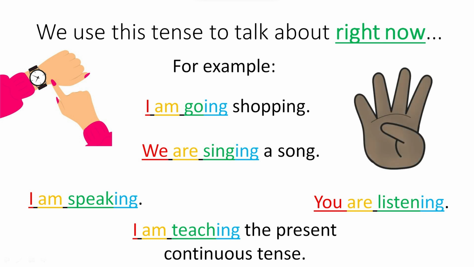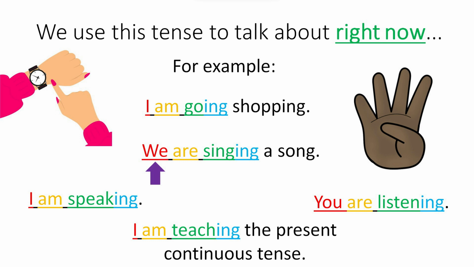The first 4 words in every present continuous tense sentence are the most important. First, we need a subject, which is in red. In this sentence, it is we, but you can see that in the other sentences, this can be I or you.